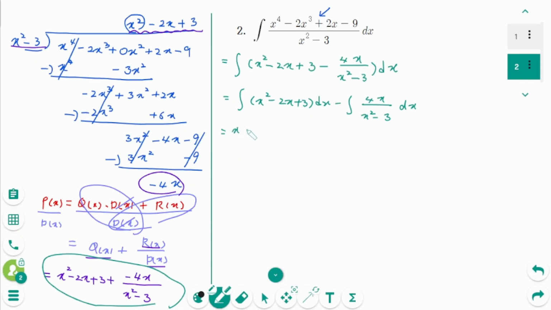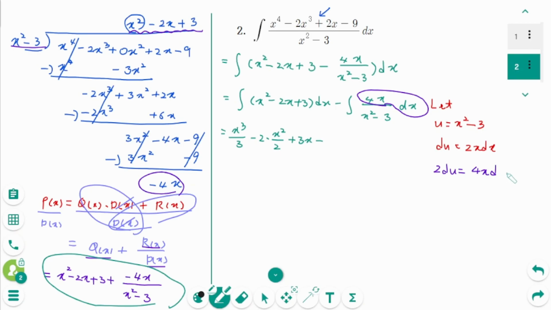So x cubed over 3 minus 2 times x squared over 2 plus 3x minus, let u equal x squared minus 3, then du equals 2x dx. There is 4x dx, so times 2 on each side, 2 du equals 4x dx.